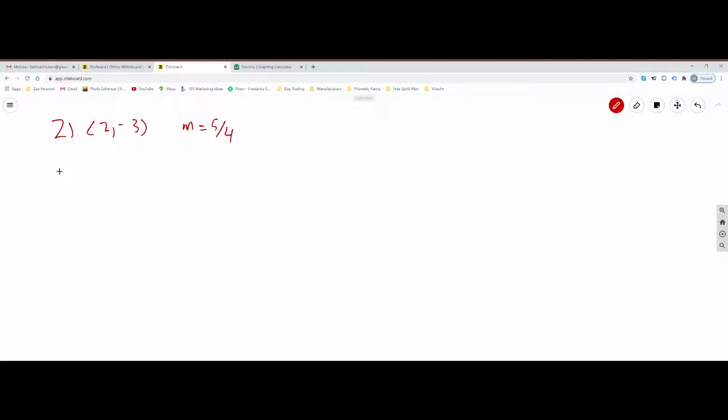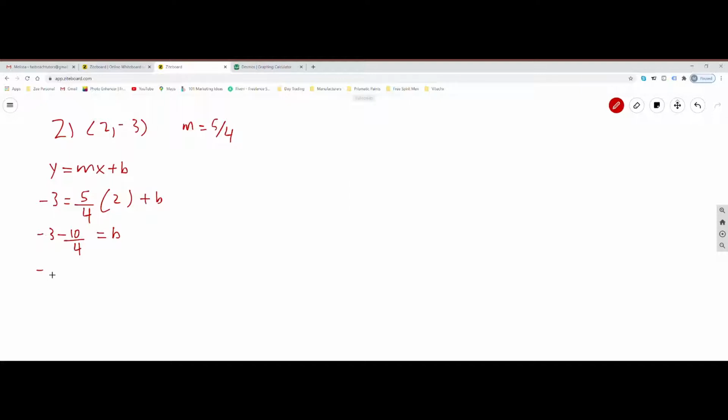So you have the point, so we should find the equation of the line, which is y equals mx plus b. So you have negative 3 equals 5 over 4 times 2 plus b. Negative 3 minus 10 over 4 equals b.